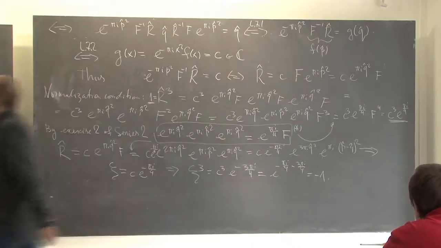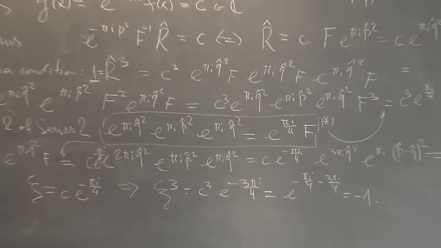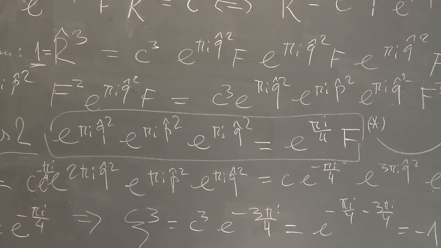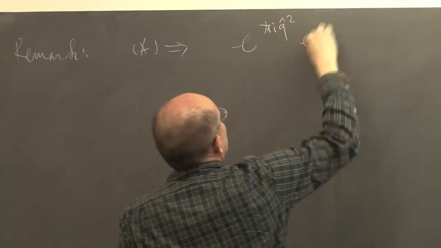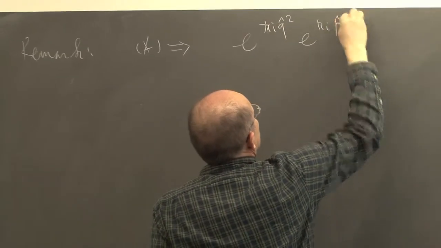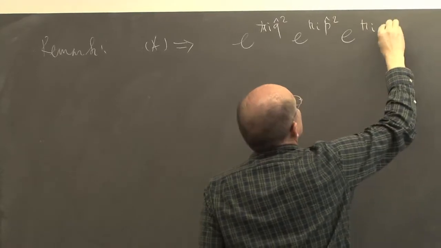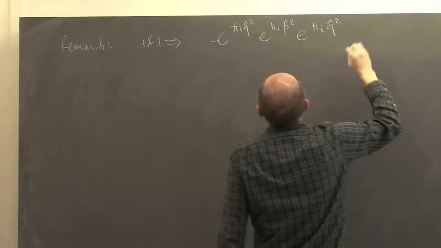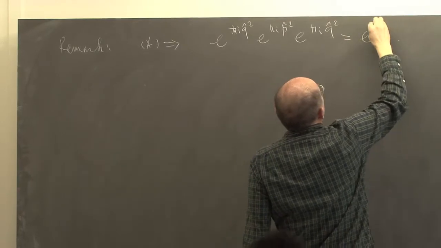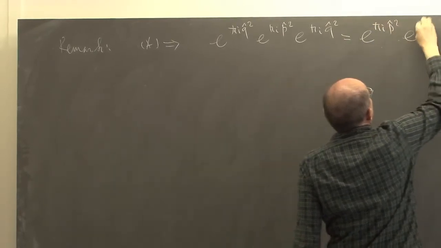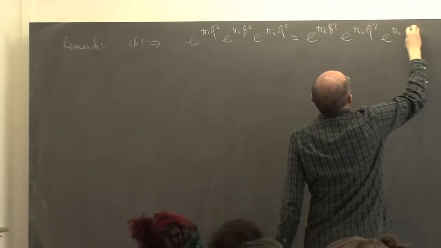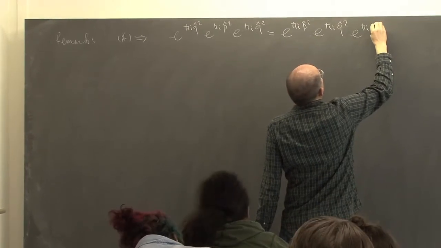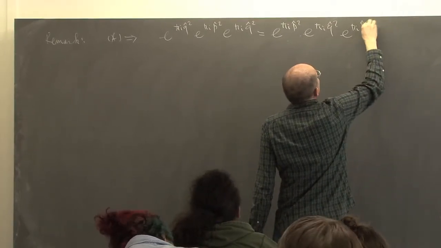Formula star. So formula star implies that e^{pi i q^2} e^{pi i p hat^2} e^{pi i q^2} equals e^{pi i p hat^2} e^{pi i q hat^2} e^{pi i p hat^2}.